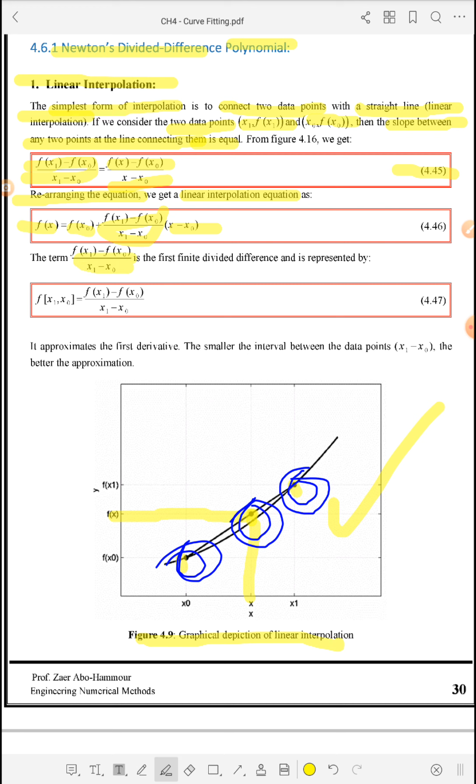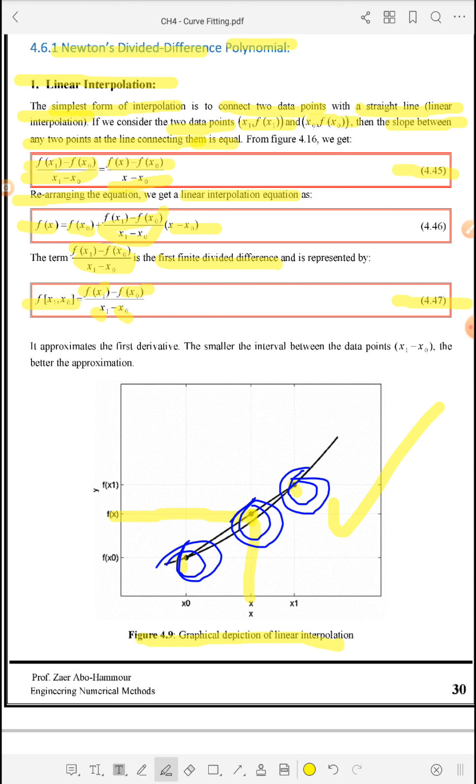And this slope term we will call in this method the first divided difference, and we will give it this simple notation according to equation 4.47. f square bracket x1, x naught is equal to f of x1 minus f of x naught divided by x1 minus x naught. So the first divided difference is equal to the slope.